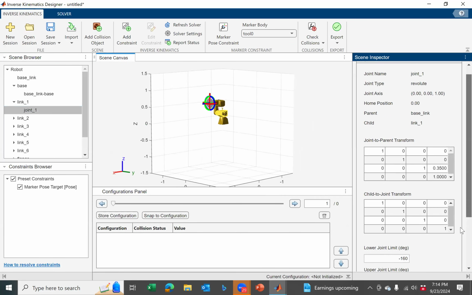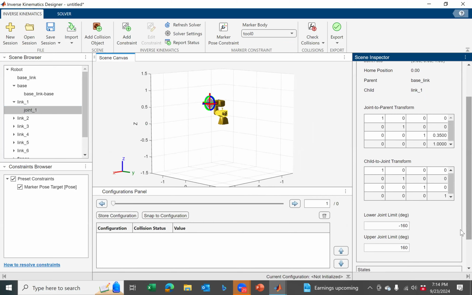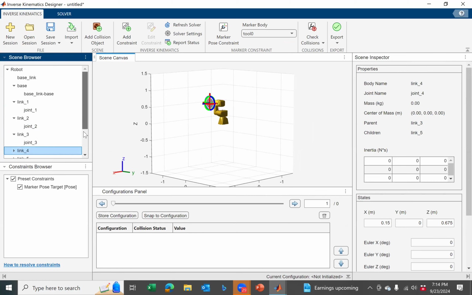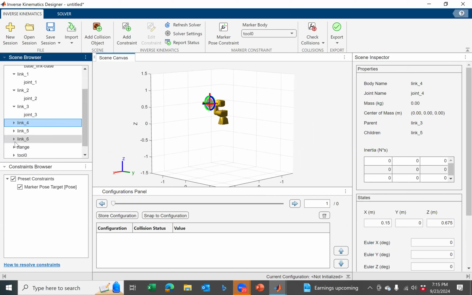But this also talks about the joint limit, which means the first joint can go plus or minus 160 degrees. Everyone understood this? Yes, sir. Then you go to the second joint, third joint, fourth joint, fifth joint, sixth joint. It will give you the flange and it will get you to the tool.